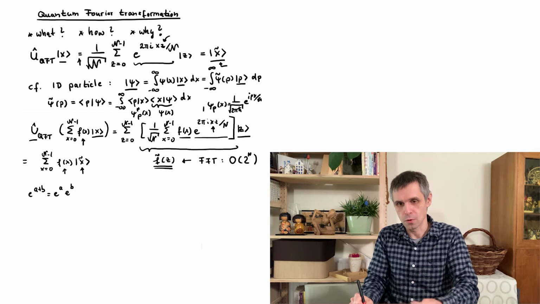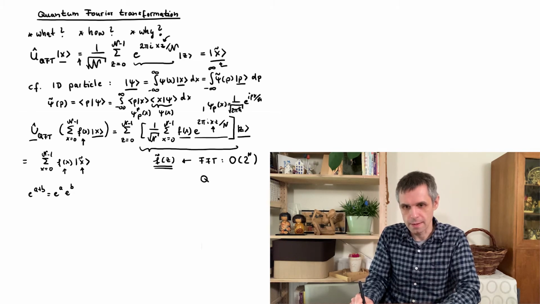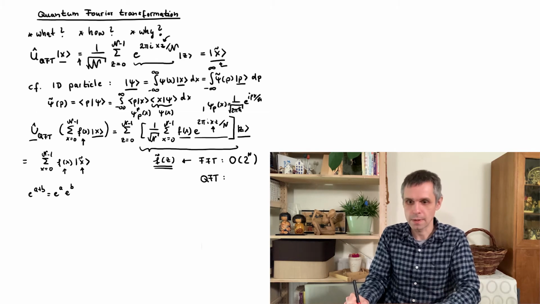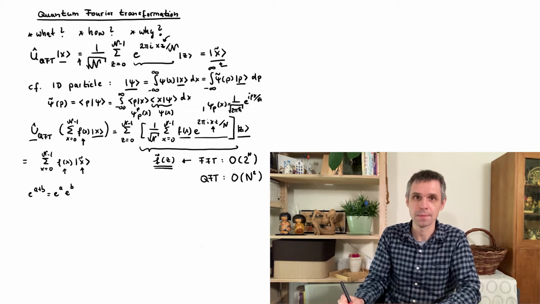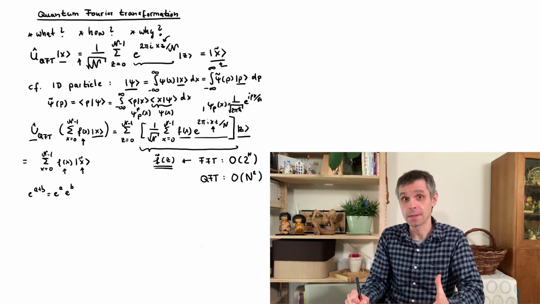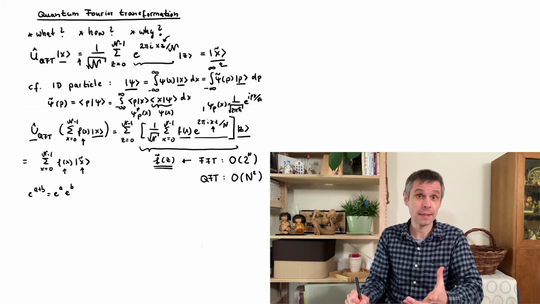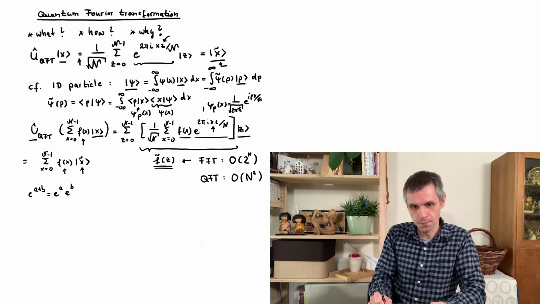But using superpositions, we can accelerate this significantly. So on a quantum computer, we can implement this much more efficiently, namely in terms of n squared steps. And this is a really significant speedup. It is even more dramatic than what we had in the Grover algorithm, as long as n is large enough, but this is of course what we are interested in.